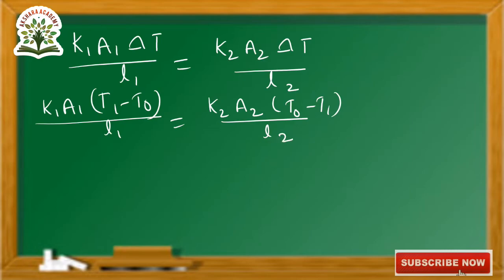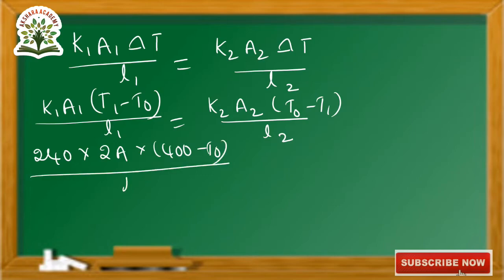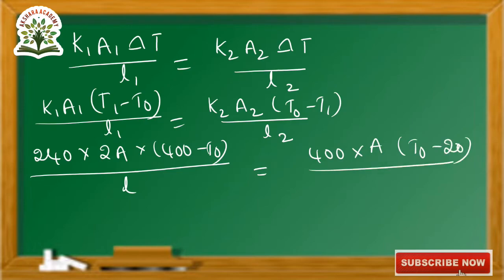Substituting values: 240 into 2A into (400 minus T0) by L is equals to K2 400 into A into (T0 minus 20) by L2, value 2L.